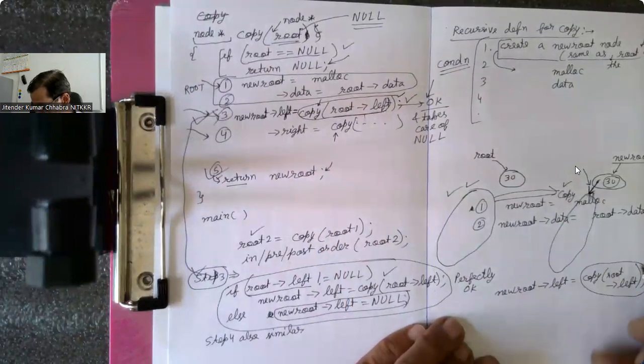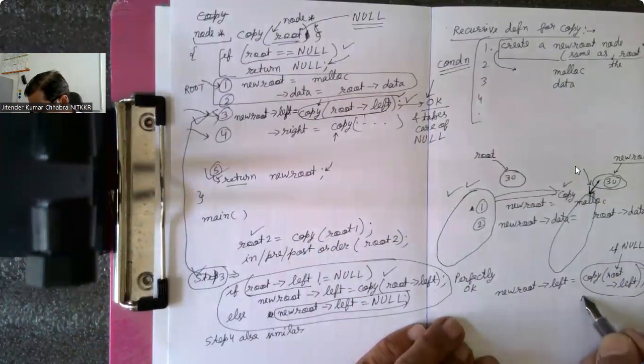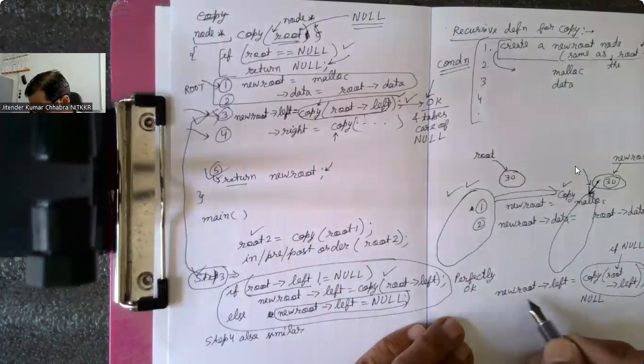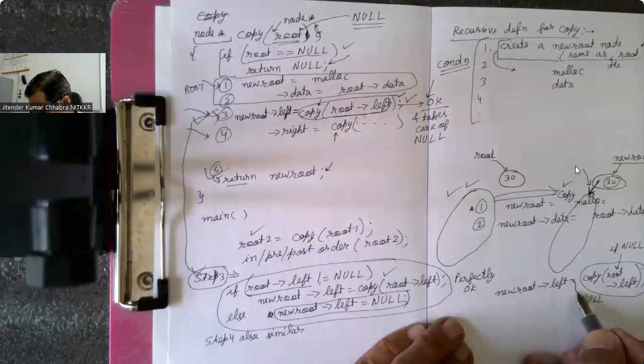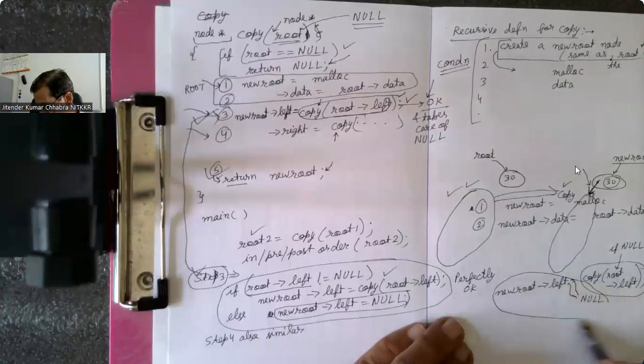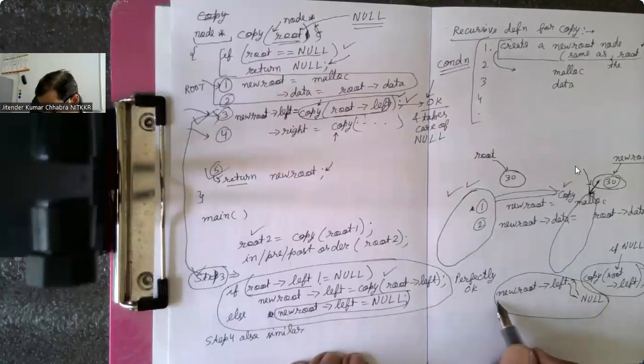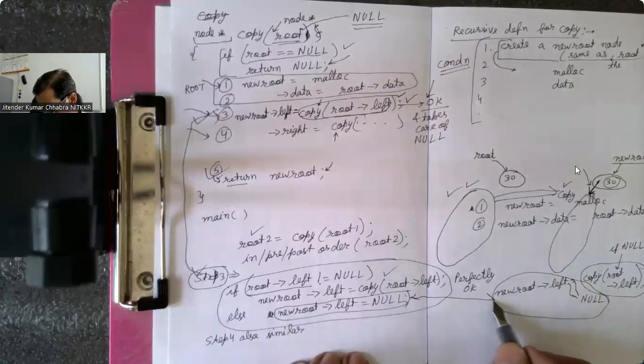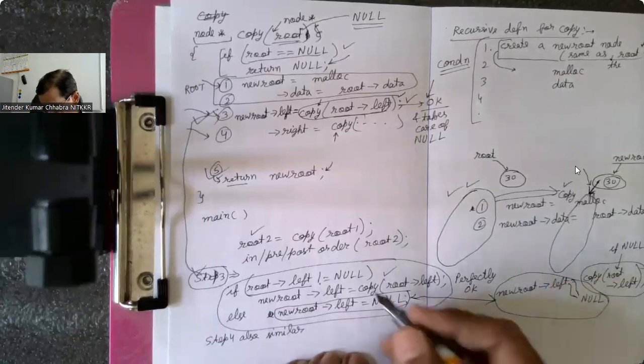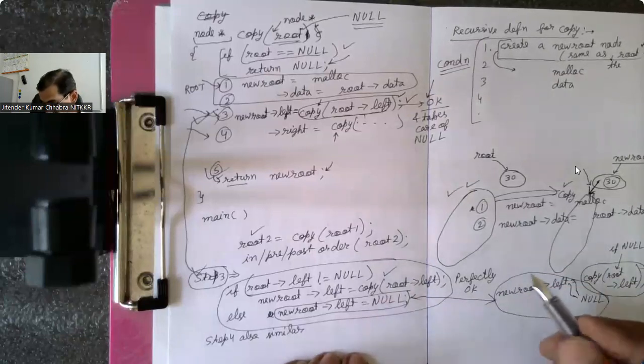This returns, if this was null, it will return null. And hence, this statement means exactly equal to null. So this statement is exactly equal to this statement. So without if also it is perfectly fine. With if also it is perfectly fine.